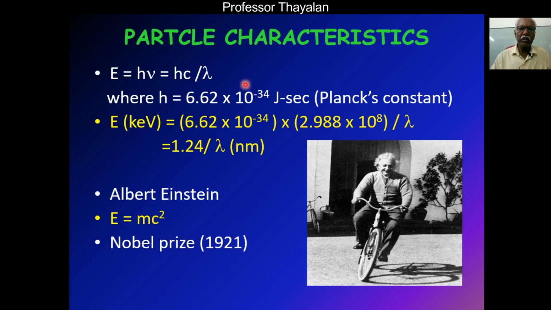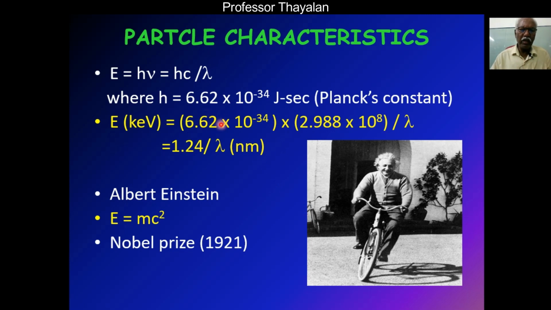Radiation also possesses particle characteristics and obeys the equation E = hν. That means each photon energy is given by hν. hν can be reduced to hc/λ, where h is the Planck constant, which is equal to 6.62 × 10^-34 joule seconds.